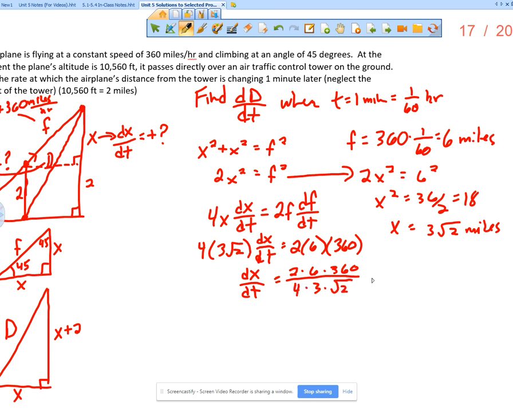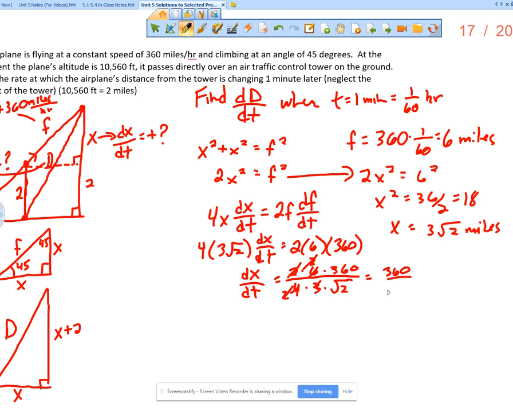So now I am going to simplify to make this a little easier. 4 and 2 reduce here to be a 2, 1/2. 6 and 3 reduce to be a 2 here, but those 2's would reduce. So I'm actually just going to be left with... I made a mistake somewhere here, right? No, that's right. All right, so then I would be left with 360 over root 2.